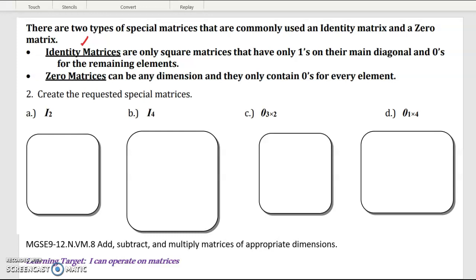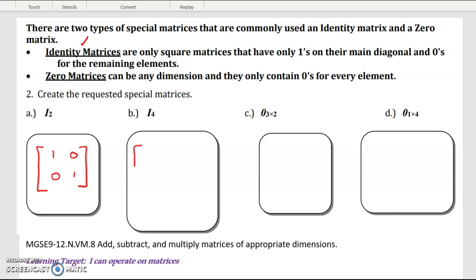So you have the identity matrix that is a 2 by 2. Identity matrices have to be square, meaning that the number of rows and the number of columns have to be the same. So all identity matrices are square. You have one diagonal of 1s and every other entry is a 0.